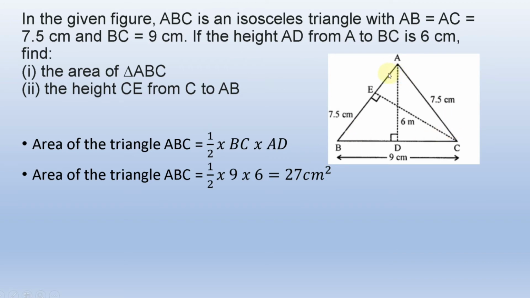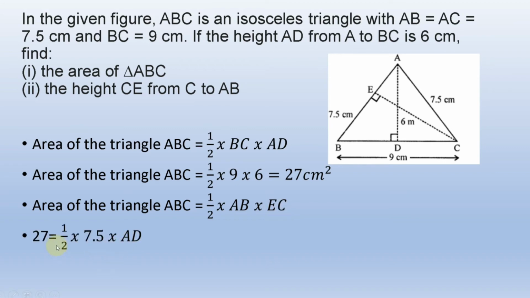Now we need to calculate your CE. CE is the height here. So again I am taking the area formula. Here I will now take base as BA and height will be EC. So for the area of the triangle I am taking AB as the base and EC as the height. Now the area of the triangle we have calculated, that is 27.